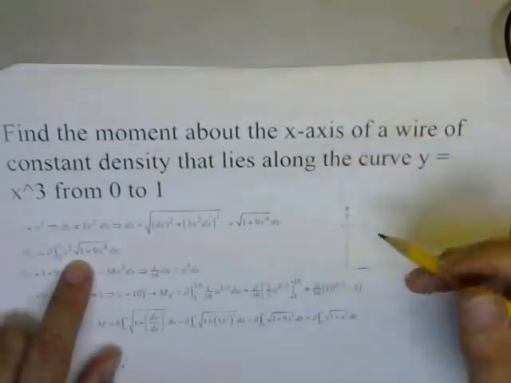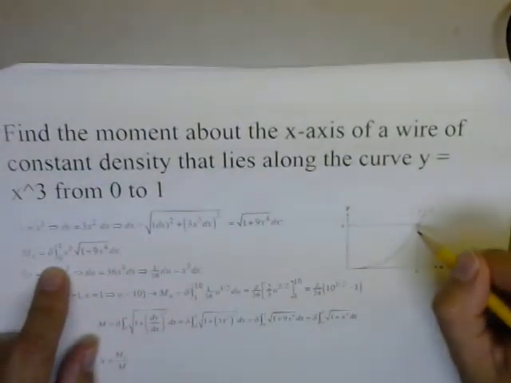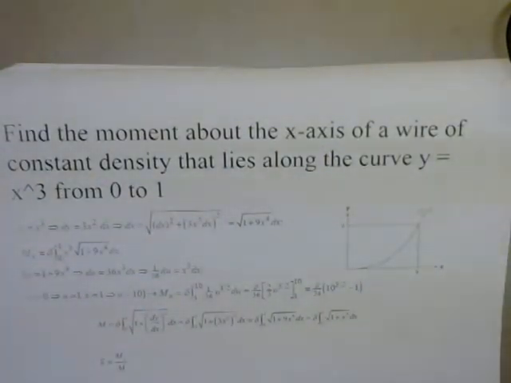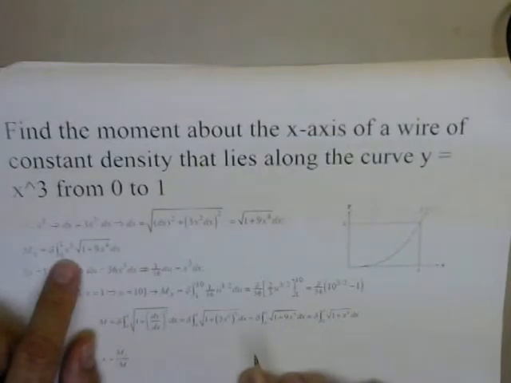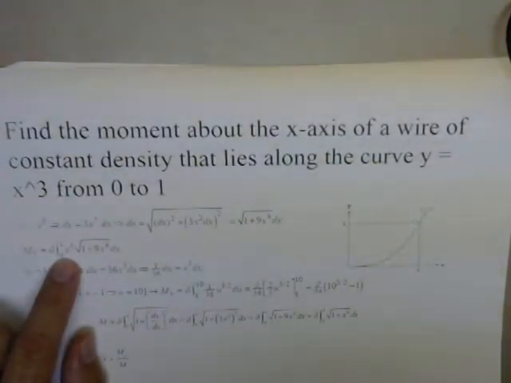Let's integrate in the y direction. If you look at the arc length here, the length of the curve is given by that, and then you would just multiply times the center of mass, which would be given by this.